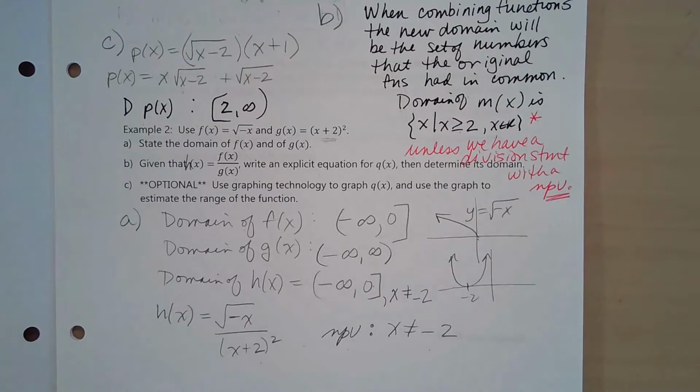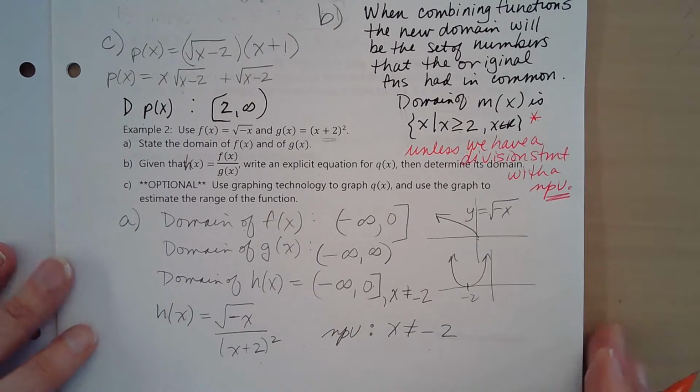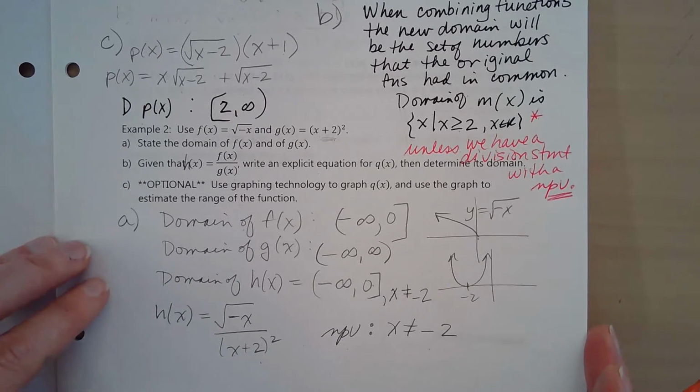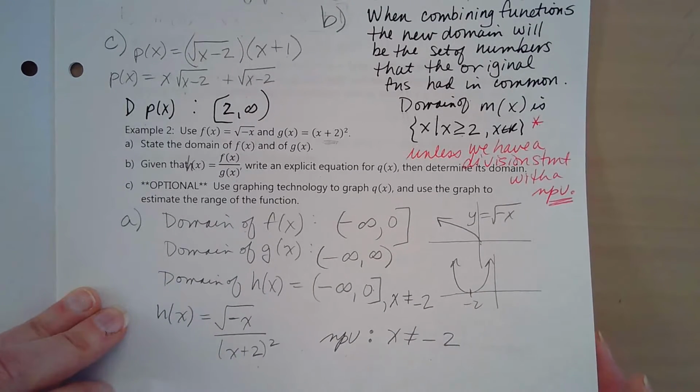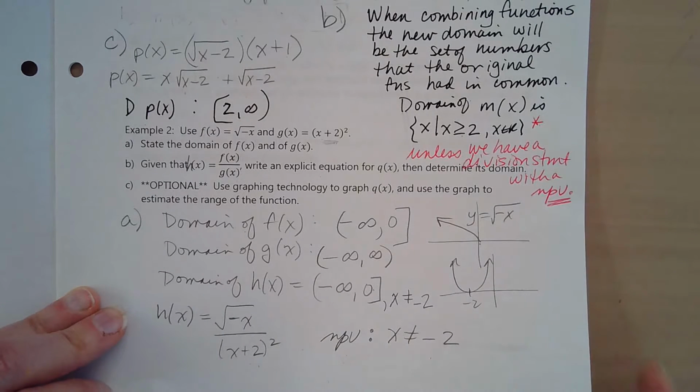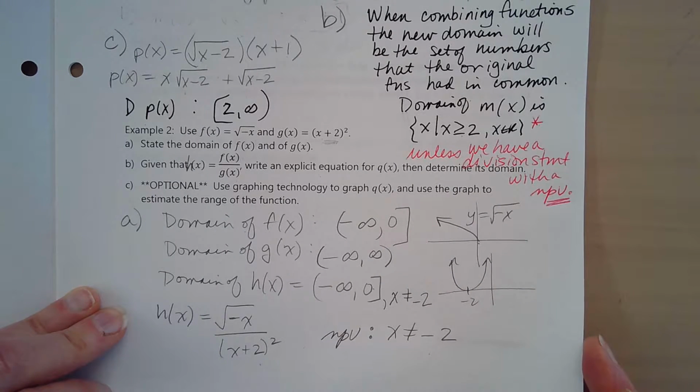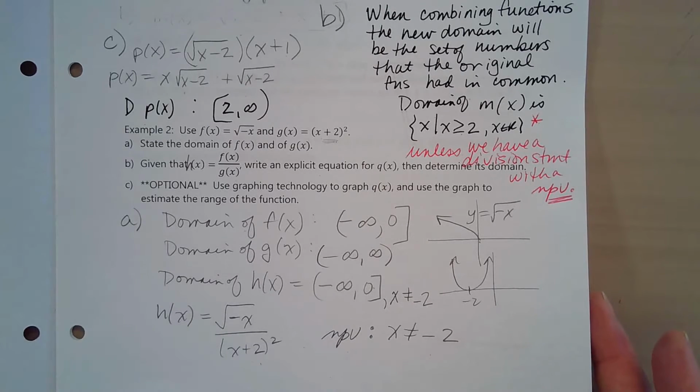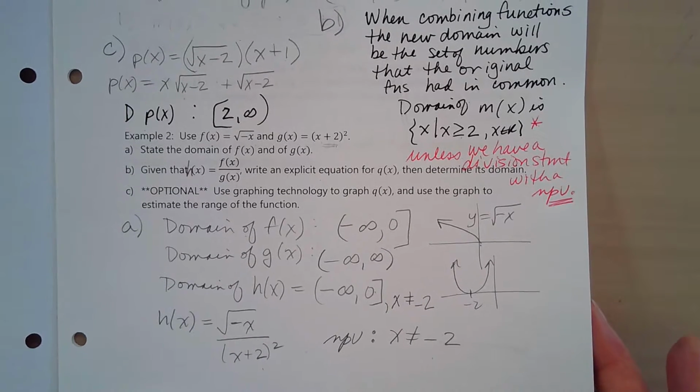So when it involves division, we're just going to have to identify the non-permissible value. Thanks, Carl. And that would only happen with our rationals, right, with our division statement.